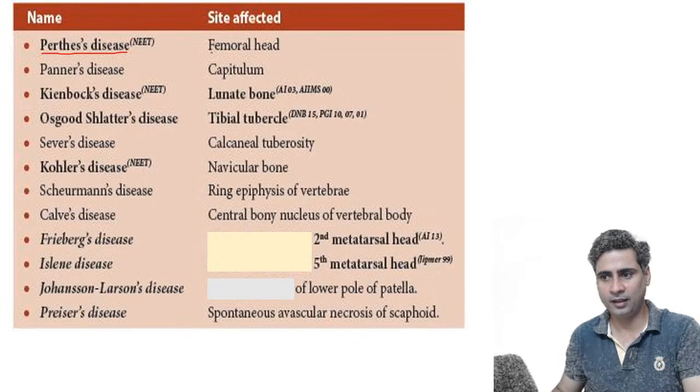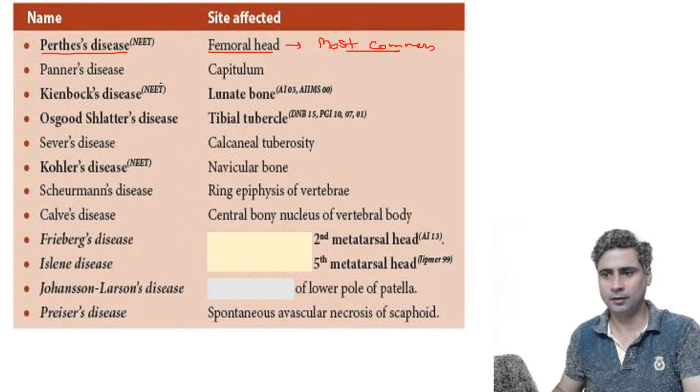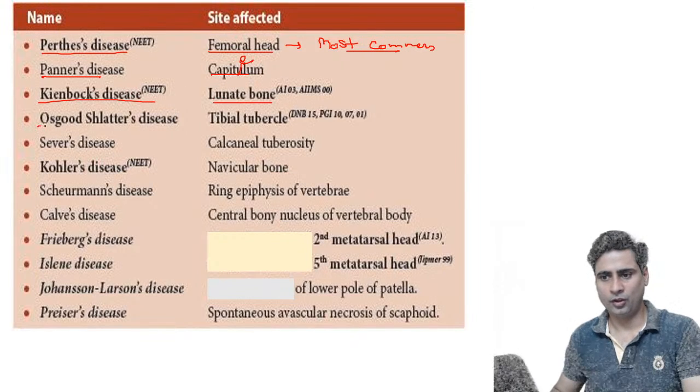Perthes disease, where the femoral head epiphysis is involved, and this is the most common osteochondrosis. Panner's disease involving the capitellum. Kienbock disease involving the lunate. Osgood-Schlatter's disease involving the tibial tubercle. Sever's disease involving the calcaneal tuberosity.